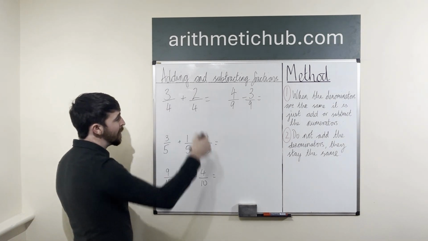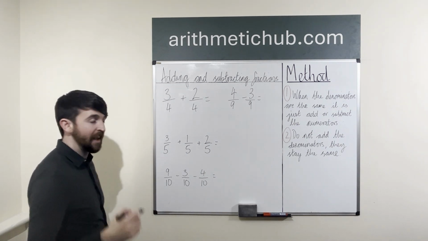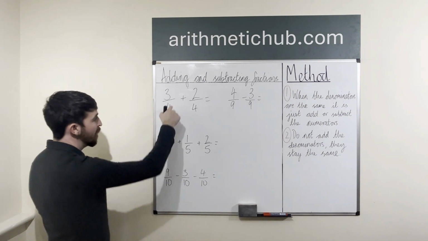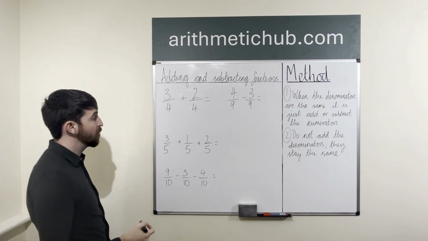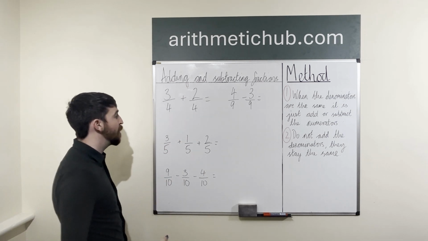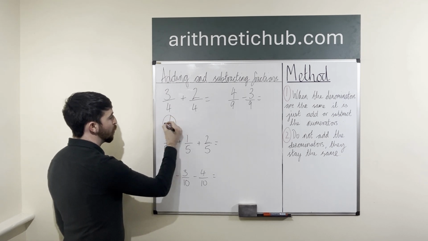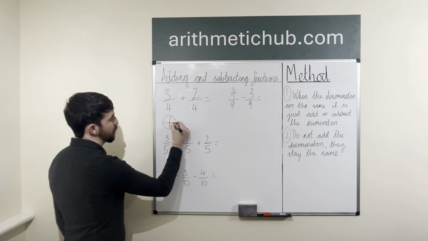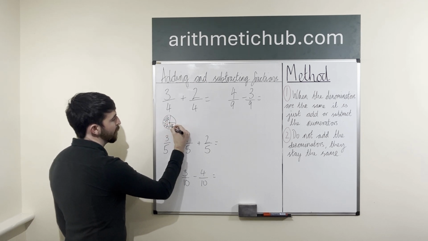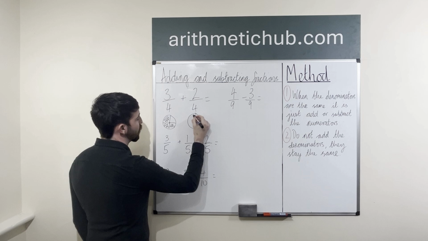So let's have a look at these questions. If the denominators start the same, then the denominator stays the same. We've got 3/4 and 2/4 here, and you can see the denominators are the same. We've got 3/4 shaded, and we're adding 2/4.